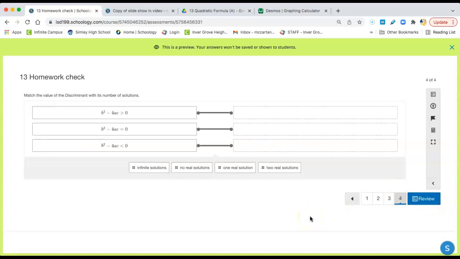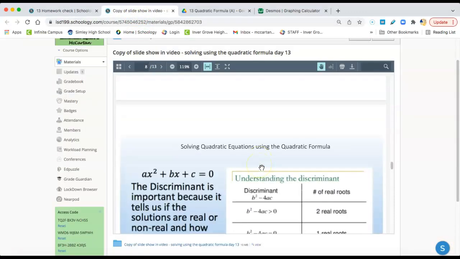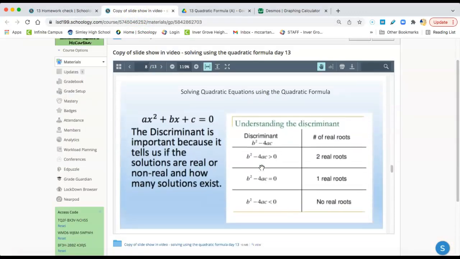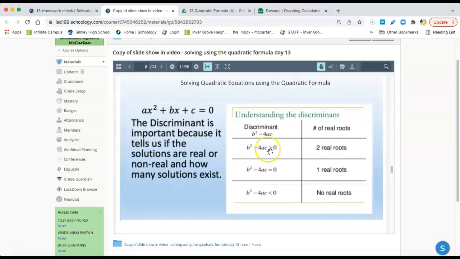All right, there's the answer, number 4. Guys, match the value of the discriminant with its number of solutions. The discriminant, again, gives us information about the solution. And there it is. When the discriminant is greater than 0, it has 2 real solutions. When the discriminant is equal to 0, it's a perfect square, it has 1 real solution, 1 real root.